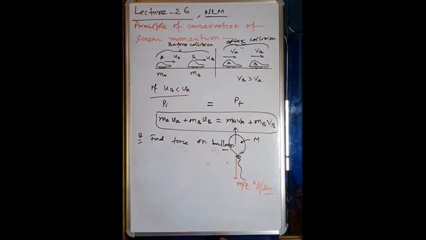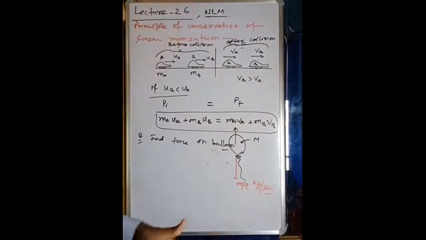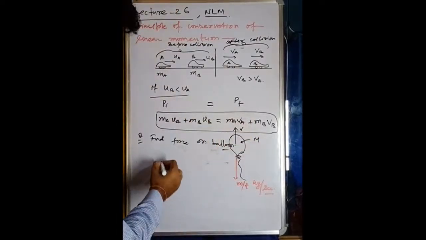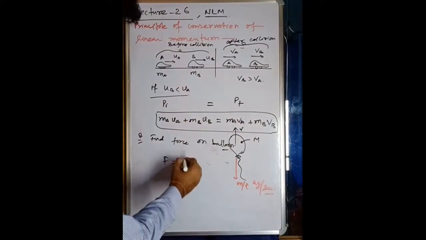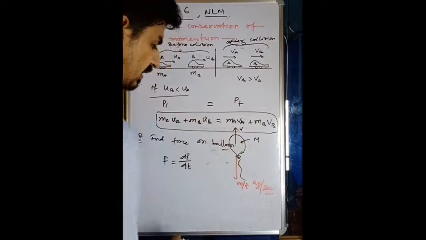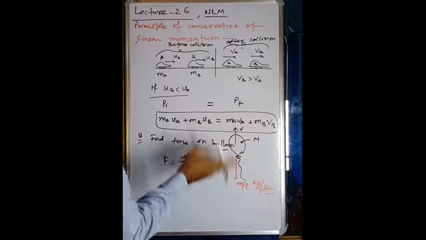My dear students, we will use the conservation of linear momentum here. After leaking out, suppose the balloon is moving with a certain constant velocity v. We have to find the force. According to the second law, F is equal to dp by dt, and momentum should be conserved. But here the mass is leaking out, so the momentum is changing, and due to that the balloon gets upthrust.